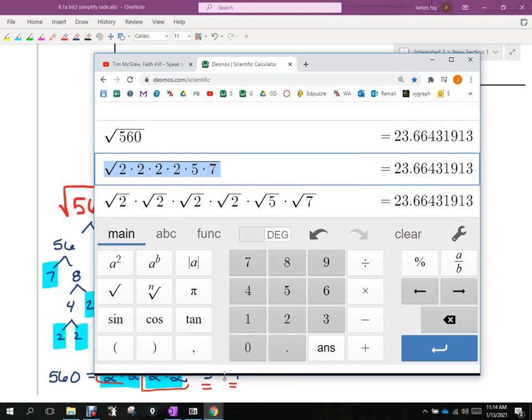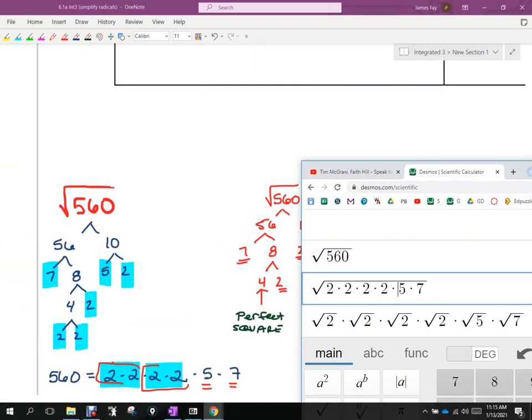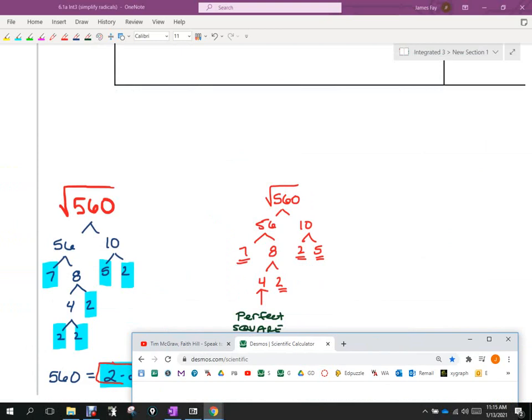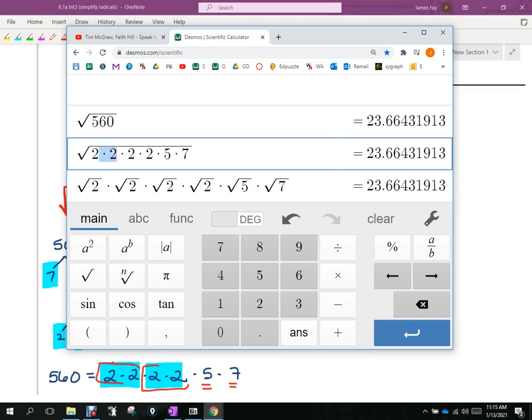Now, let's make things a little bit simpler. And then this route here, I didn't reduce that 4. That root 4 would have reduced to 2 of these 2. So let's say that set of 2s we left as a 4. Does that kind of make sense?